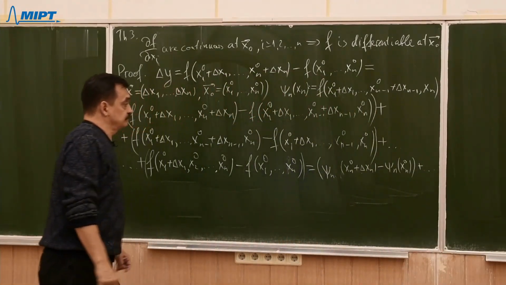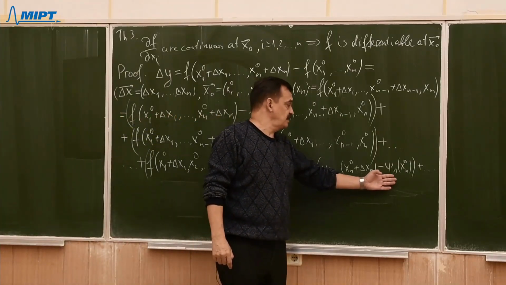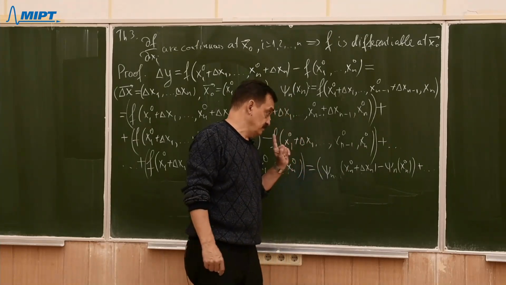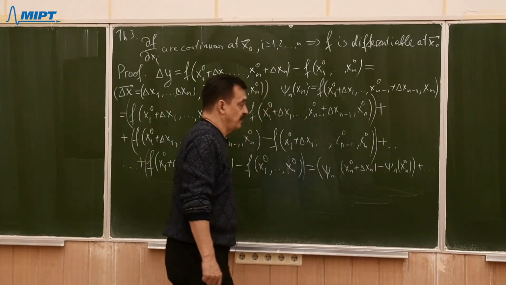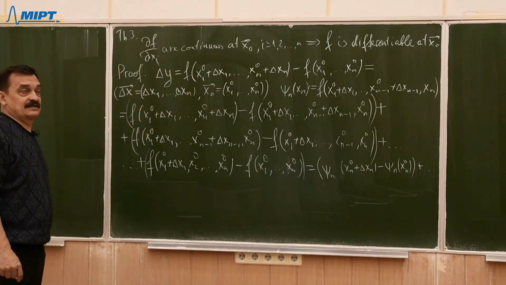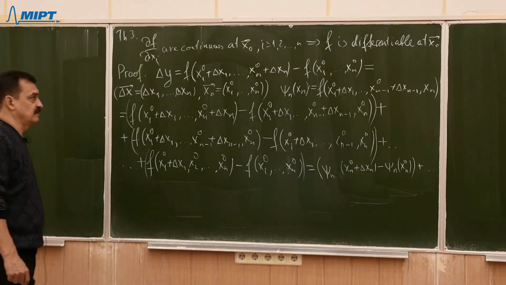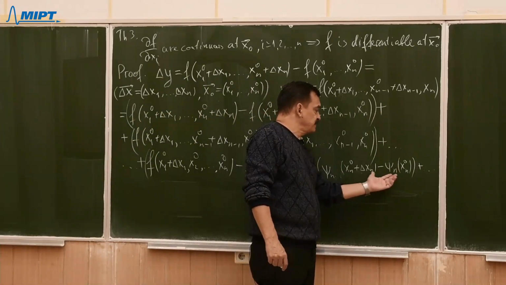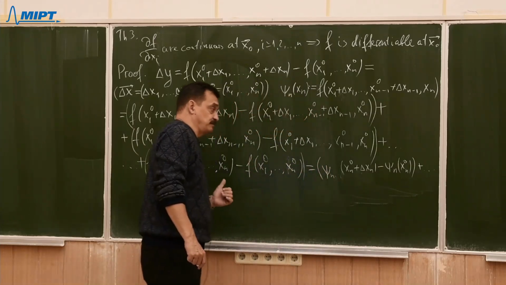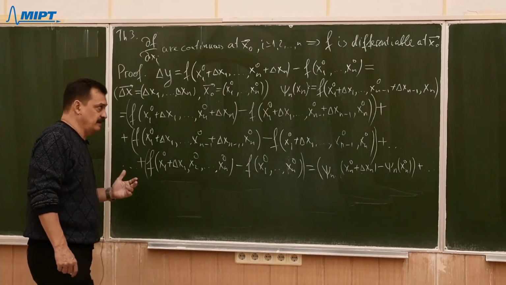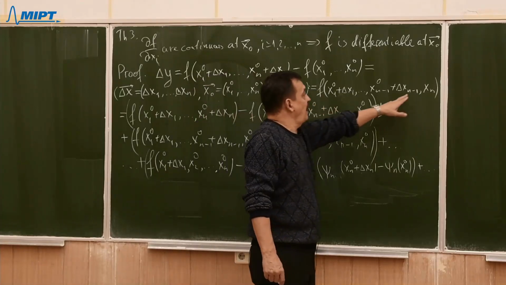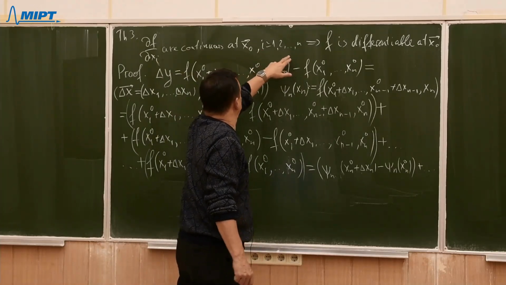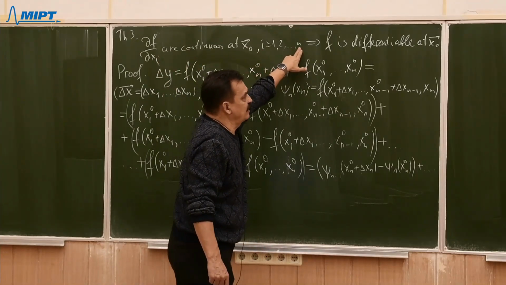So then what do we see here? We have a difference of values of a function of one variable at two different points, and if delta xn is sufficiently small, then the function psi n is differentiable as a function of one variable. Why? Because f has a partial derivative with respect to xn, i equals n.